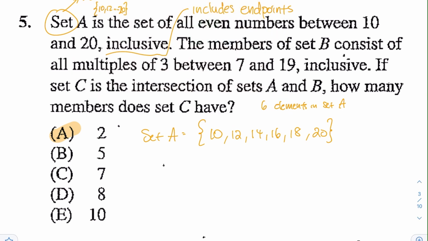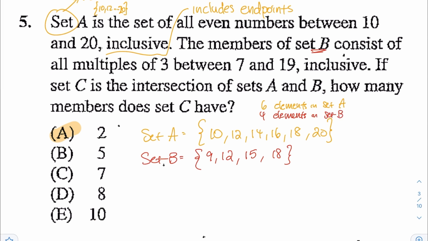Then you do the same thing for set B, and set B is all the multiples of 3 between 7 and 19. Now, 7 and 19 aren't multiples of 3, so we just skip them. The first multiple of 3 will be 9, then 12, 15, and then 18. So set B only has 4 elements. Now finally, set C is the intersection of sets A and B, and this intersection means that it only has common elements.